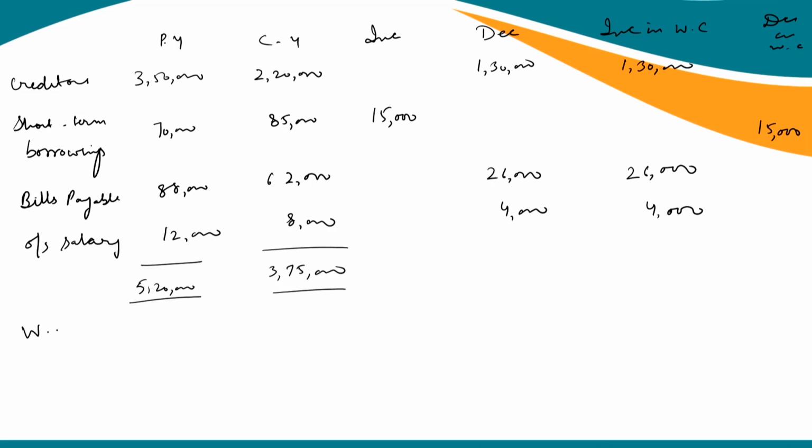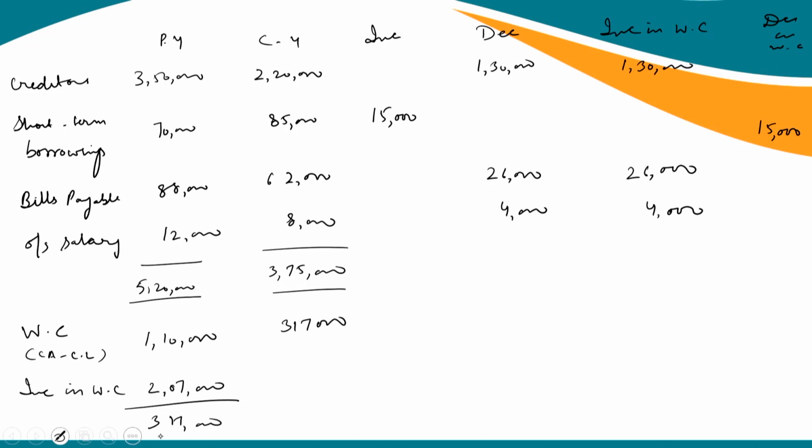Now we calculate the working capital, which is current assets minus current liabilities, which comes to 1,10,000 and 3,17,000, leading to again an increase in working capital with rupees 2,07,000. Now we can balance the previous year and the current year in the same fashion, 3,17,000.